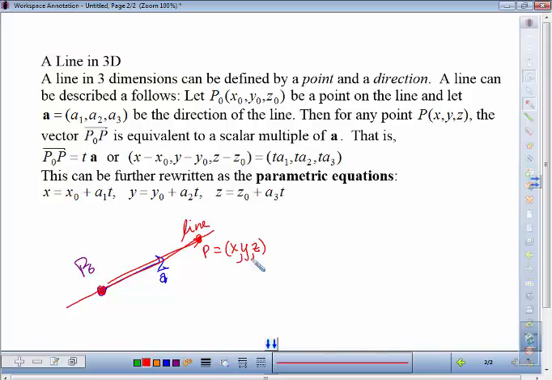Okay, so that idea might be a little confusing, but what we want to do in general, if you're in 3 dimensions, to get to any point on this line, is first get to that known point, P naught, and then add some scalar multiple of this A vector.